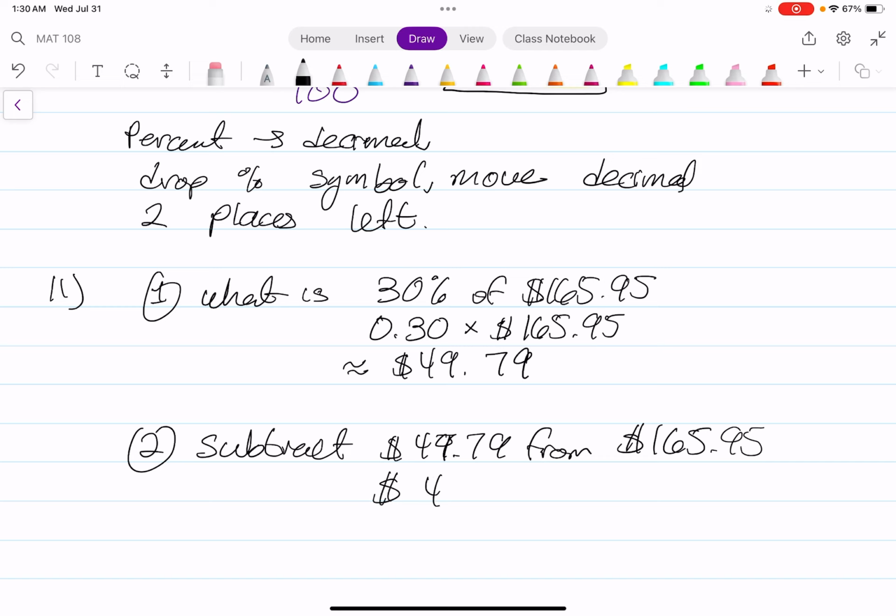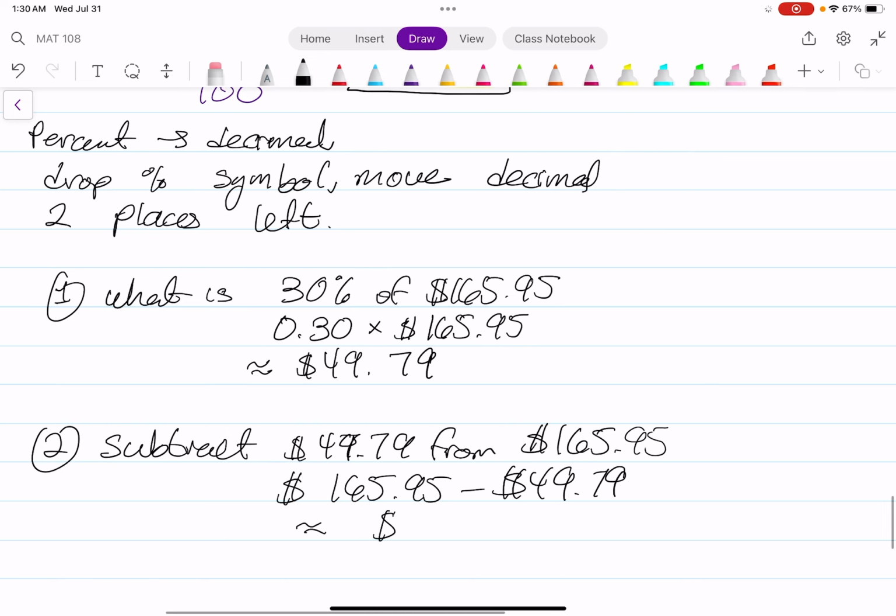So now I'm getting tired. 165.95 minus $49.79. Don't want to do that in my head. I believe I can. That's going to be $26.16.